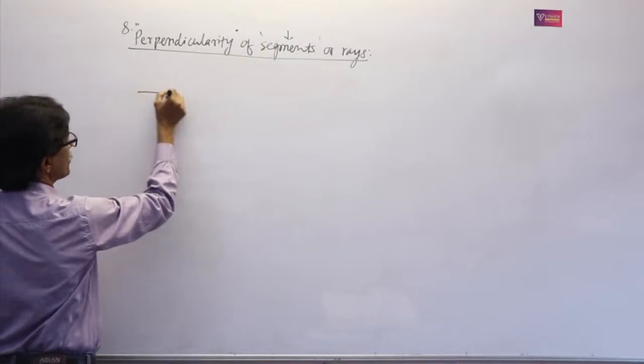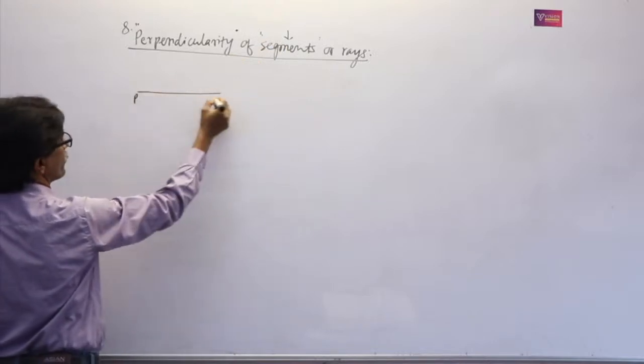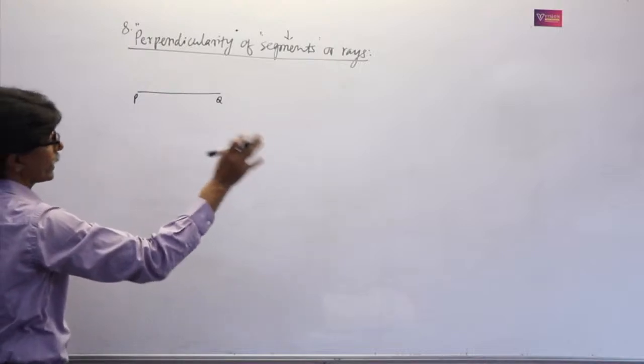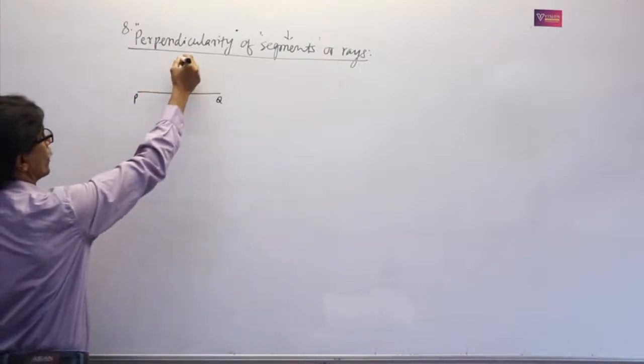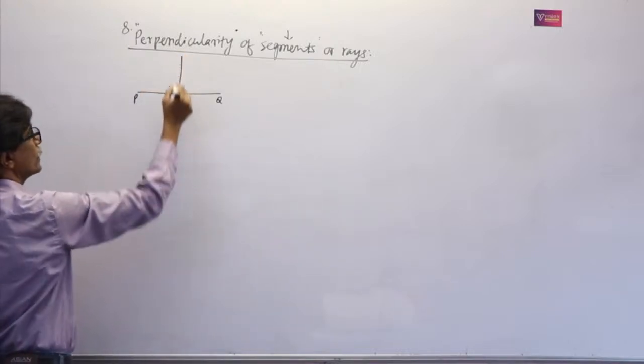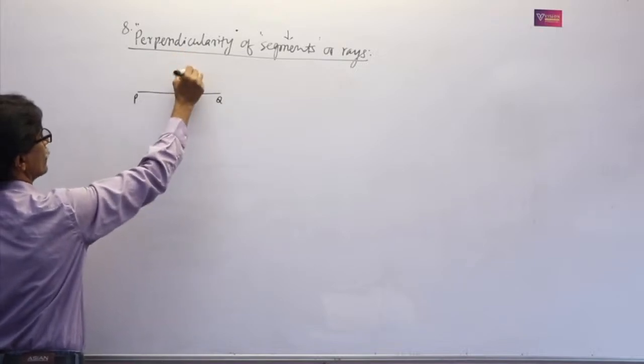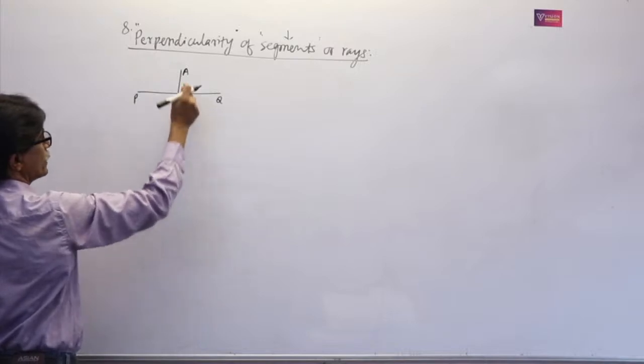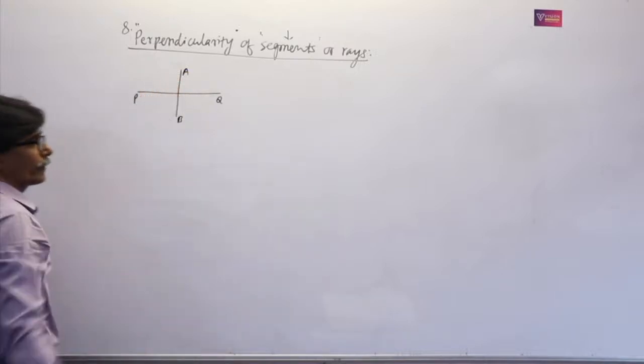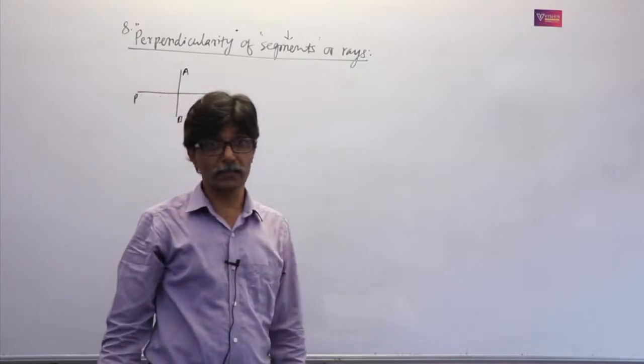So look now here, this is a segment PQ. I am not drawing a line, segment PQ, and I draw this segment, suppose AB. This is segment AB. Now, when are segment AB and segment PQ said to be perpendicular to each other, that is our study.